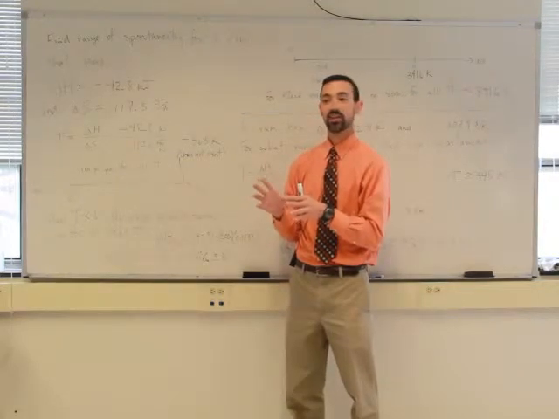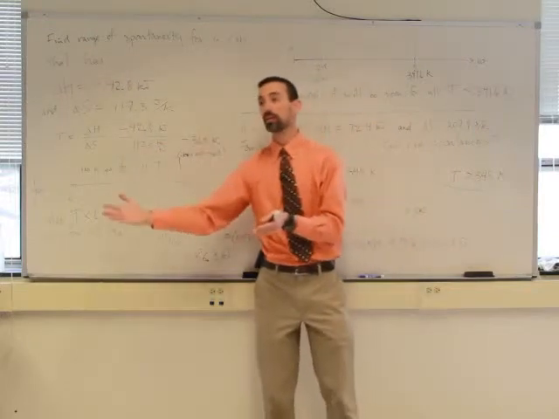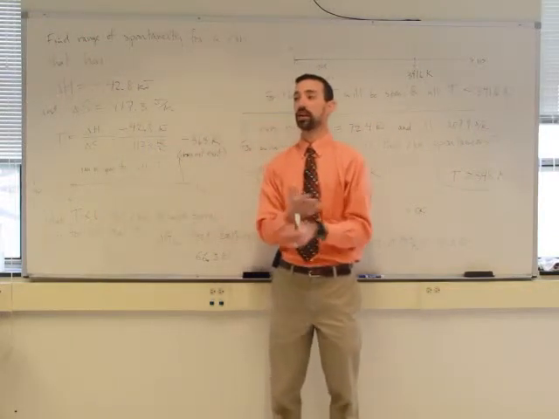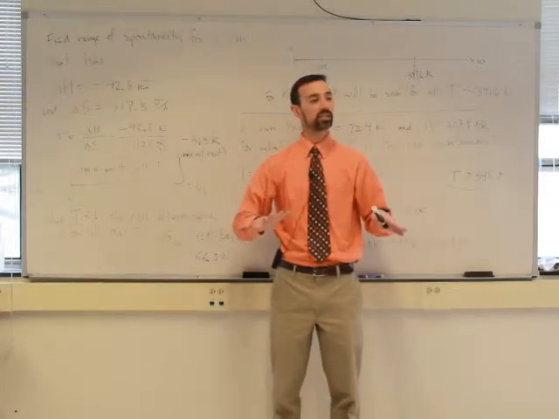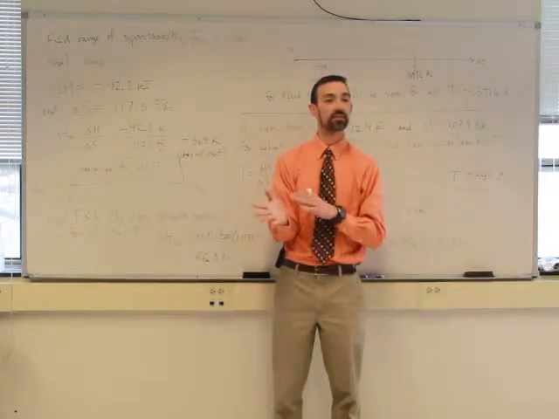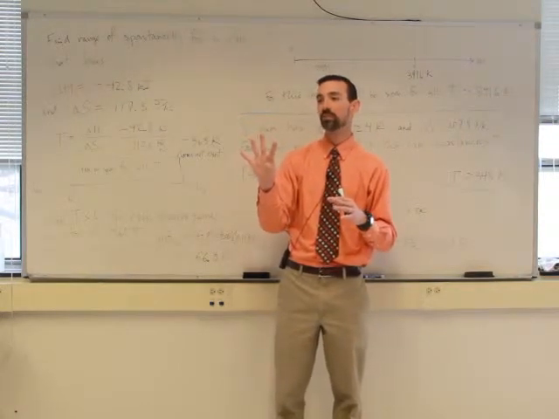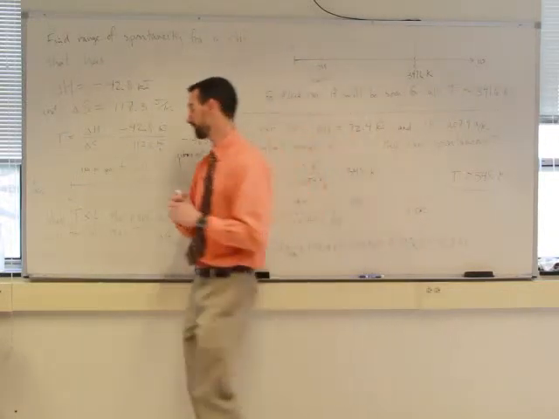So you can have a transition temperature and be spontaneous below it. You can have a transition temperature and be spontaneous above it. Or you can have no real transition temperature and either always be spontaneous or never. Those are sort of the four possible outcomes for reactions. We saw 3 of the cases here, actually. Okay? All right.